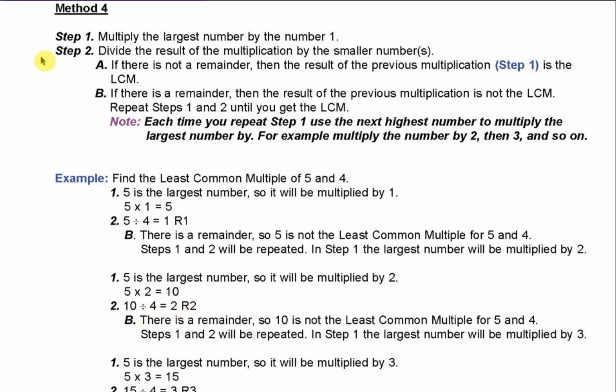Step 2, divide the result of the multiplication by the smaller number. The smaller number is 4.